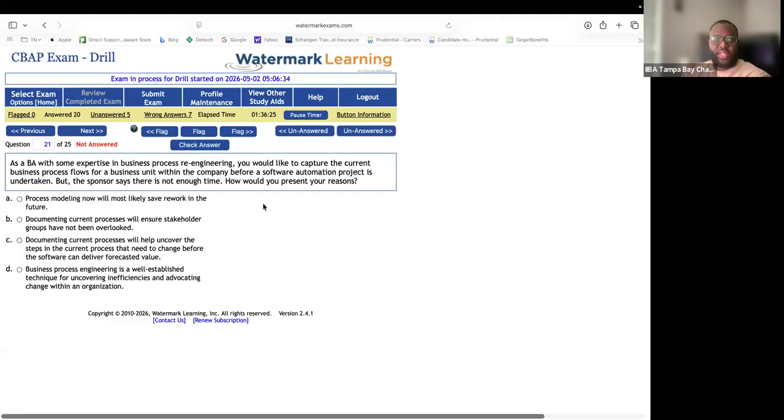As a BA with some perspective in business process reengineering, you would like to capture the current business process flows for a business unit within the company before a software automation project is undertaken. But the sponsor says that there is not enough time. How will you present your reasons? A. Process modeling now will most likely save rework in the future.